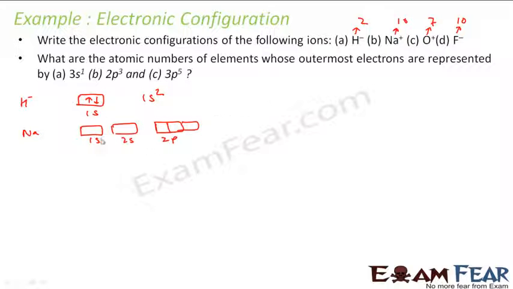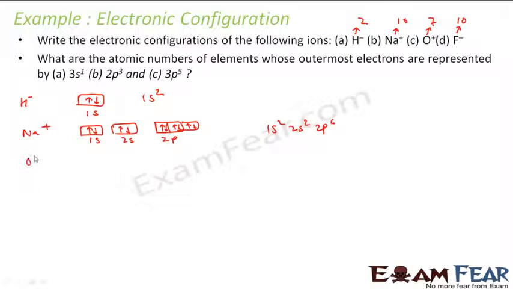Correct. 10. So let's distribute. First, second, third comes here, fourth, fifth, sixth, seventh, eighth, ninth, 10. So the electronic configuration will be 1s2, 2s has 2, 2p has 6 electrons. This is the electronic configuration of Na plus.